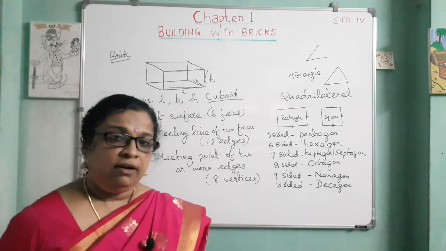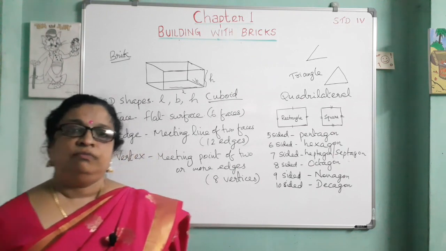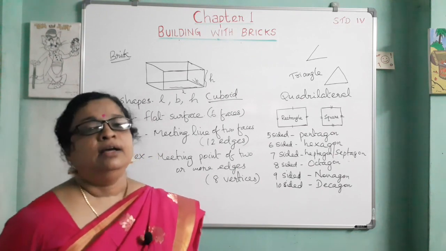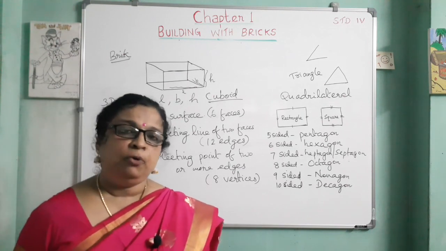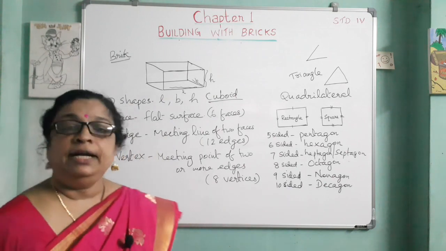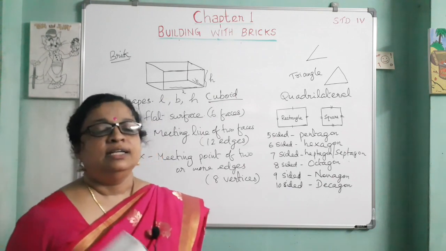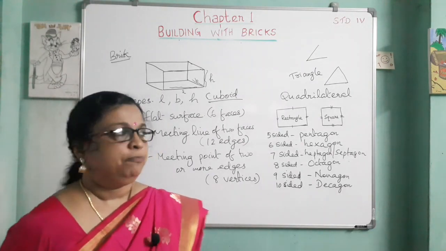In a square, all the sides are equal. A 5-sided polygon we call a pentagon, 6-sided hexagon, 7-sided heptagon or septagon, 8-sided octagon, 9-sided nonagon and 10-sided decagon.